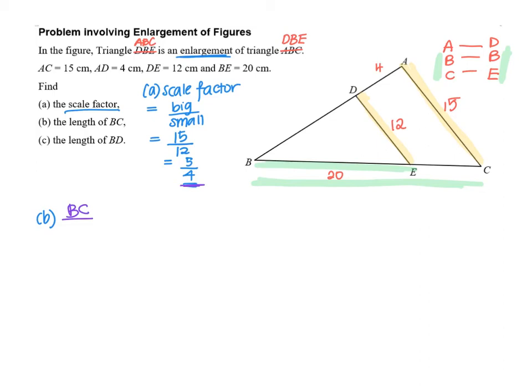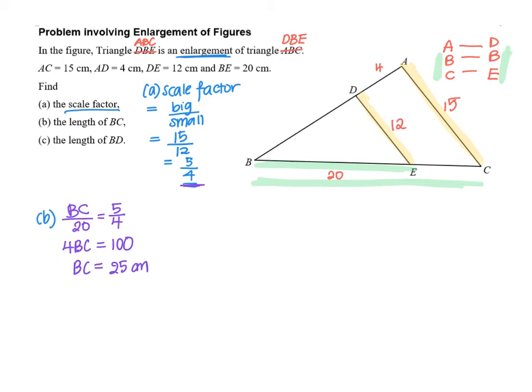So BC over BE, which is 20, equals the scale factor 5/4. Now we can cross multiply and find that 4 times BC equals 100, and BC will be equal to 25 cm.